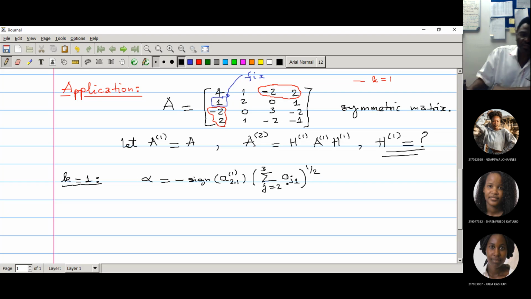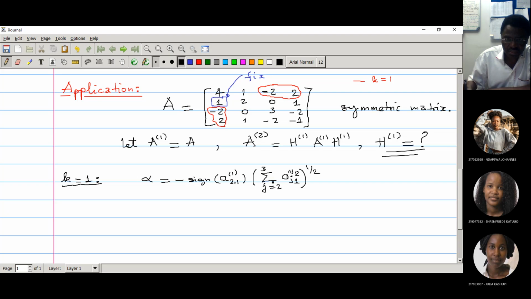Right. So what does that mean? I take all the elements in the first column here, starting from the second entry, that position. This is A_{21}. So I will take from this second position, the point that I fixed. That's what I'm fixing. I will start from this downward, right? It's square, A_{J1} square. So I will sum this. Now, if I sum this, 1 square plus 4 plus 4, that's 9.